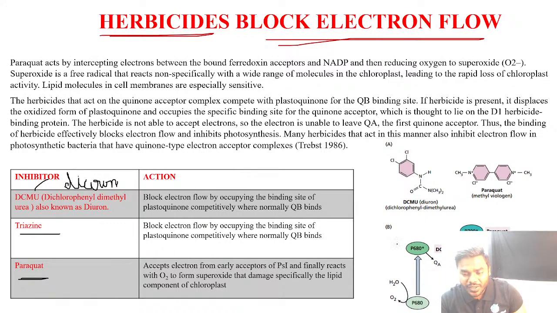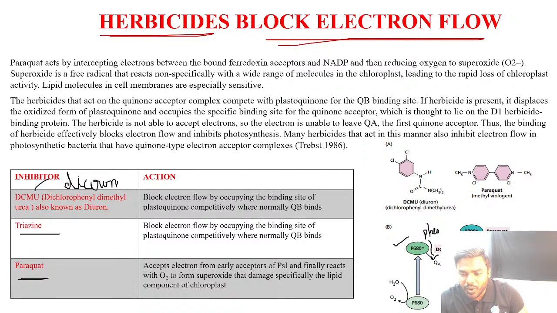Look into this. This is P680, right? Photosystem 2. This is what? Photosystem 1. Just now we read in the question also, from P680 the electron comes to pheophytin, pheophytin to what? Quinone A, then quinone A to quinone B. You know friends, what is the speciality of this DCMU or diuron? What is it going to block?